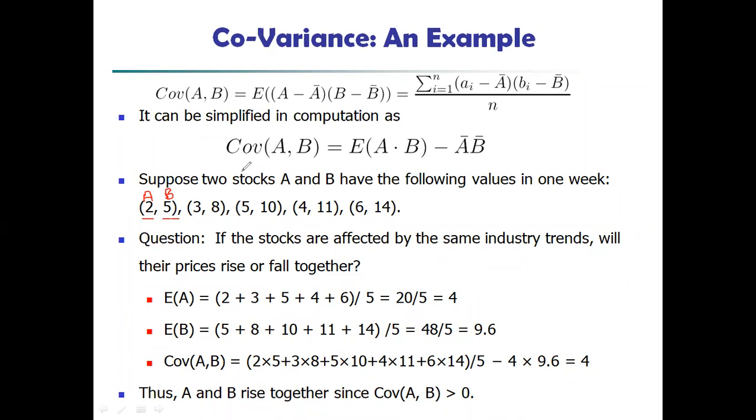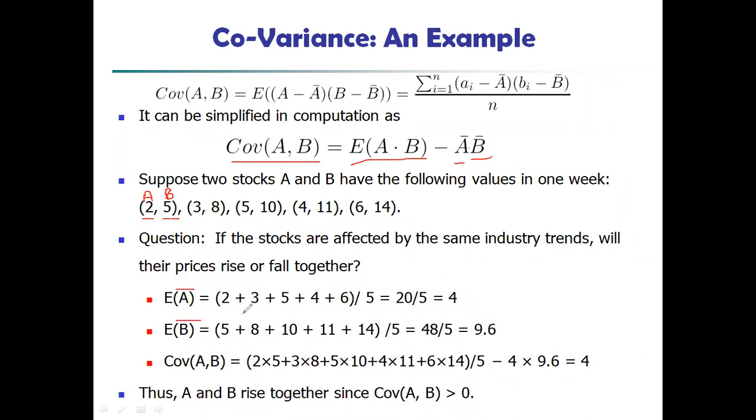Covariance of a comma b equals E of a into b minus the mean value of a into the mean value of b. For that, first of all, you need to calculate the mean value of a and the mean value of b.